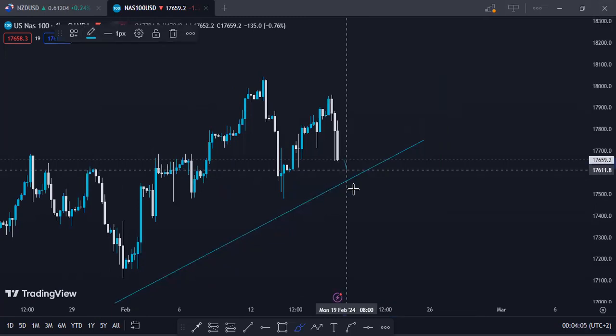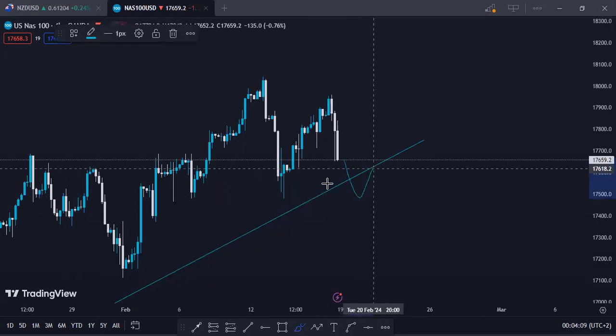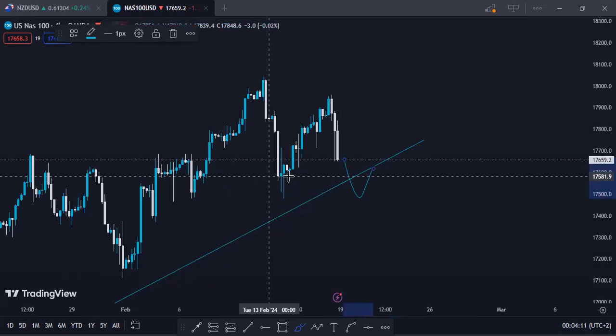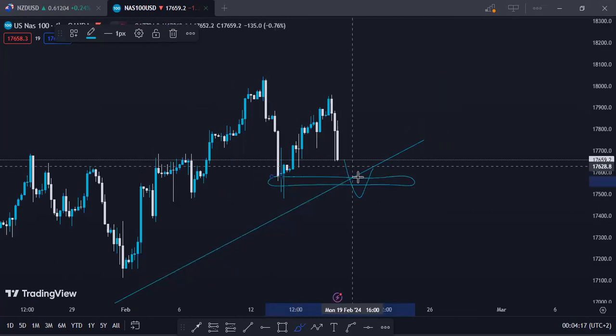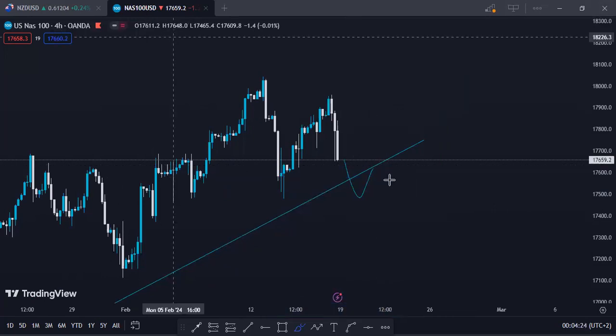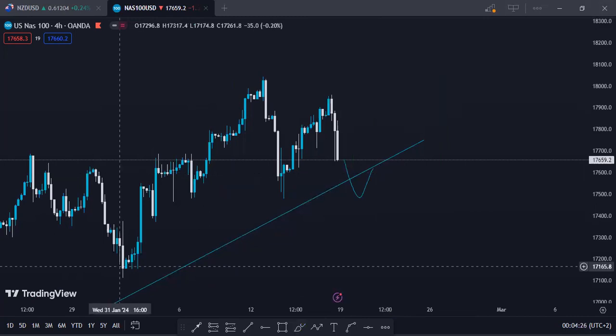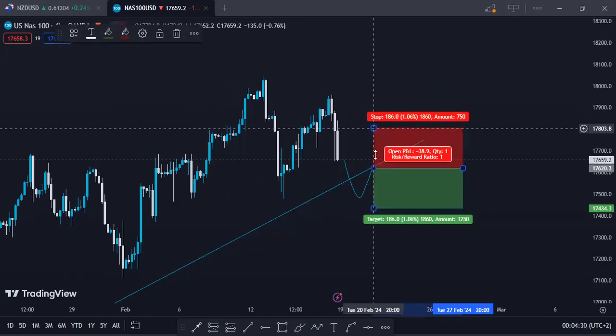If it gives us a nice retest on the trend line, or this support level which will be a resistance, right? If it breaks and retests one of these levels, either the trend line or this level, but most preferably, guys, I prefer the trend line, right? If it respects the retest of the trend line, I'm obviously gonna look for those selling opportunities.